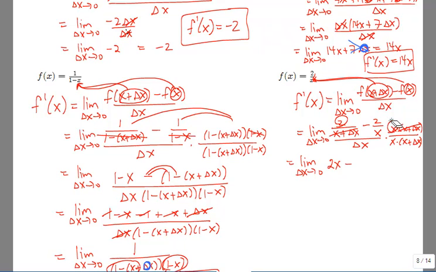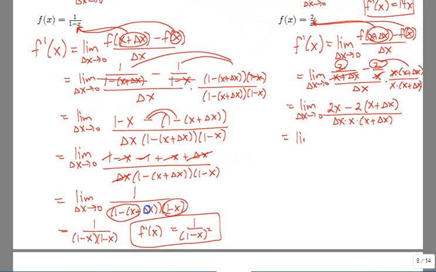When I multiply the second fraction, this time the x's cancel, leaving me this 2 and parentheses this x plus delta x. And on the bottom, just take these three factors and push them all together. Do not distribute.